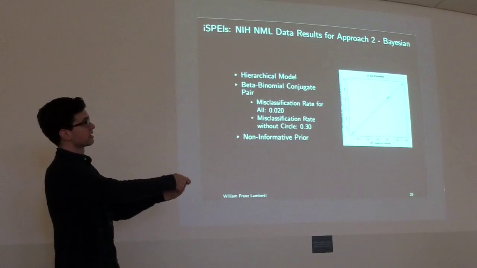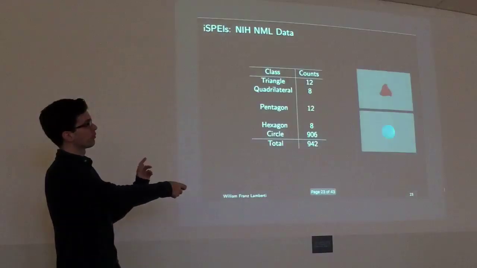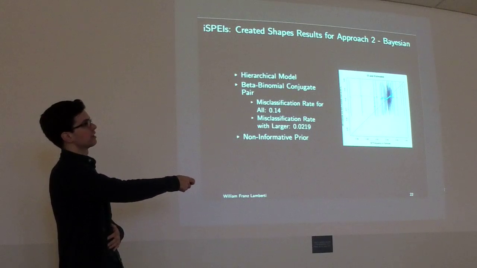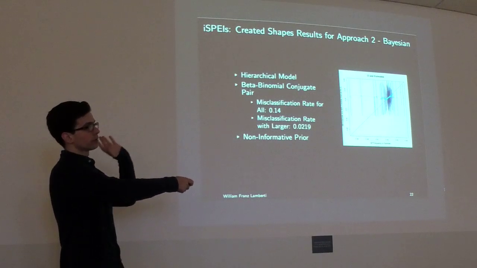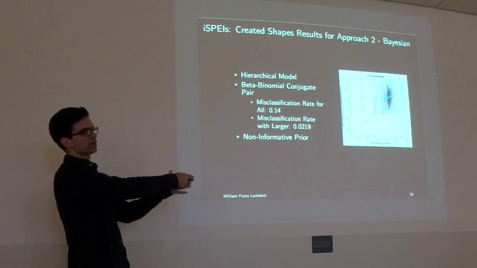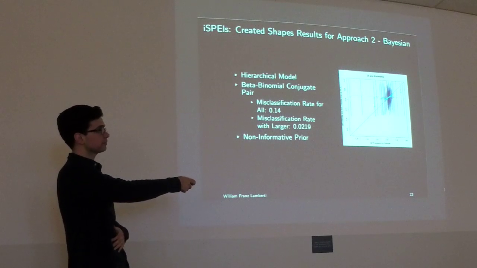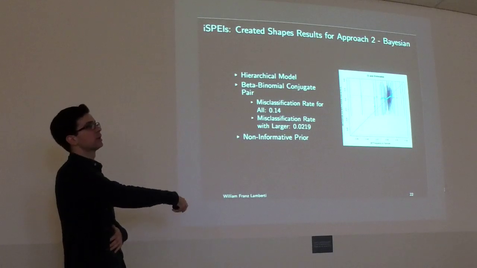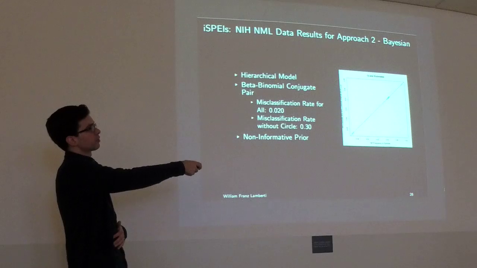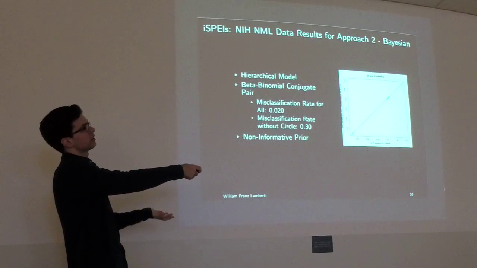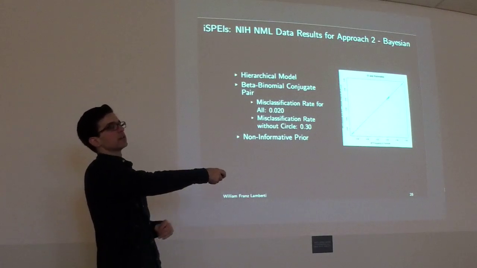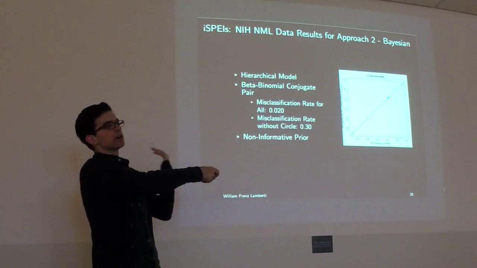But this is an example. Remember from before, though, this is the hierarchical model for the posterior's means and credible intervals for the triangle class, for the created shapes. If we look at the means and credible intervals for the posterior for the triangle class in this observed data, you don't even see the red line.